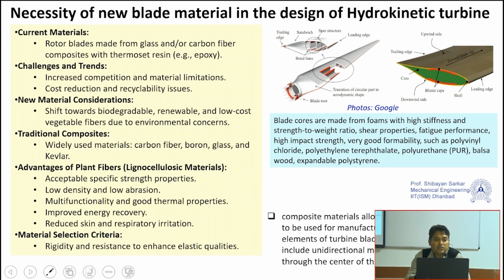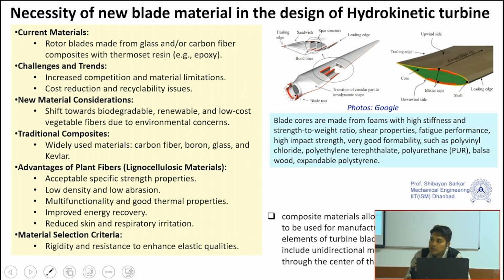For this, the main criteria are what the performance criteria will be, what the manufacturing criteria of this new material will be, how easily it can be manufactured, what the strength of this particular material will be, and whether this material can be sustained for long.